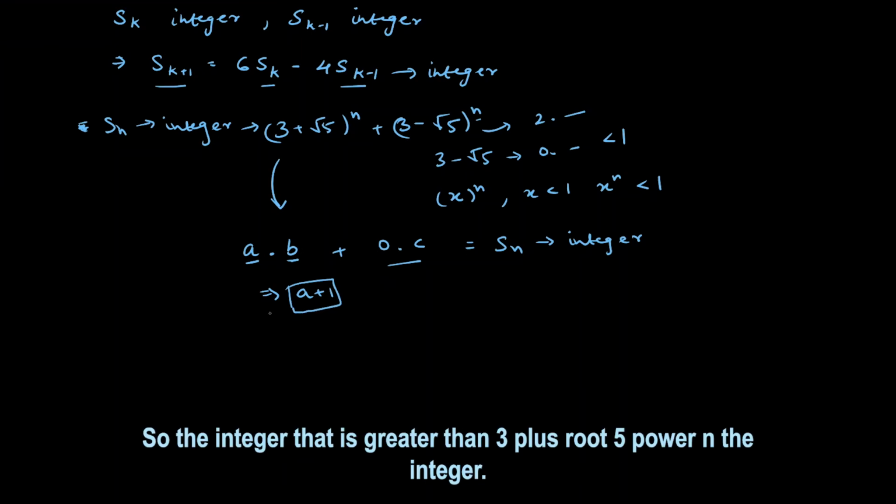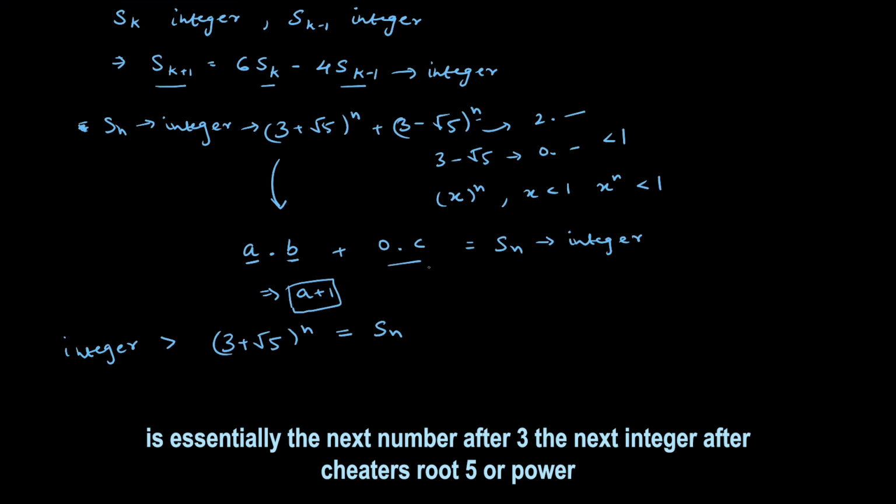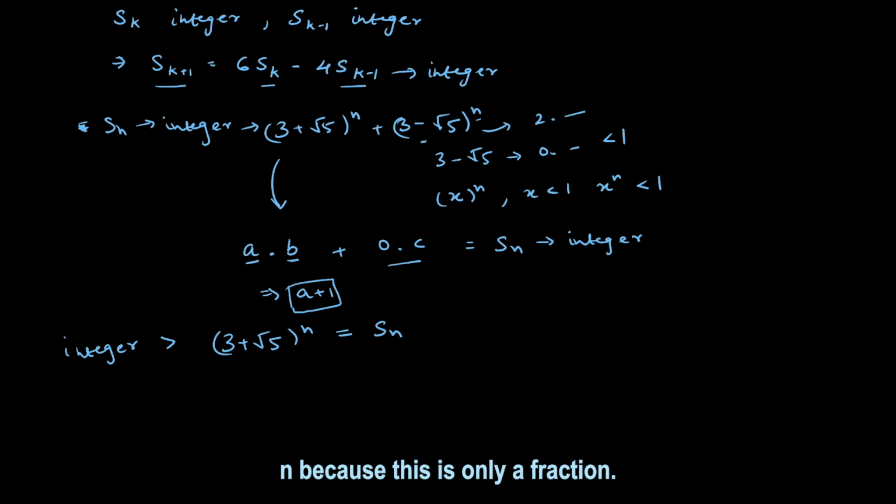So the integer greater than (3 plus root 5) power n is essentially equal to Sn, because this is essentially the next integer after (3 plus root 5) whole power n, because the other part is only a fraction, less than 1, right?